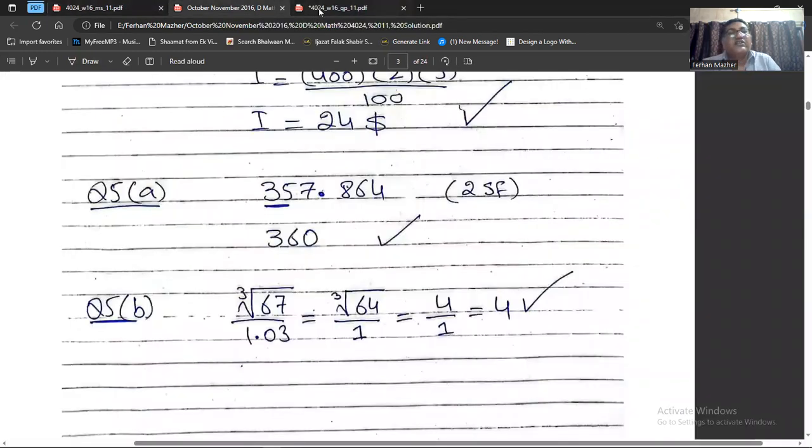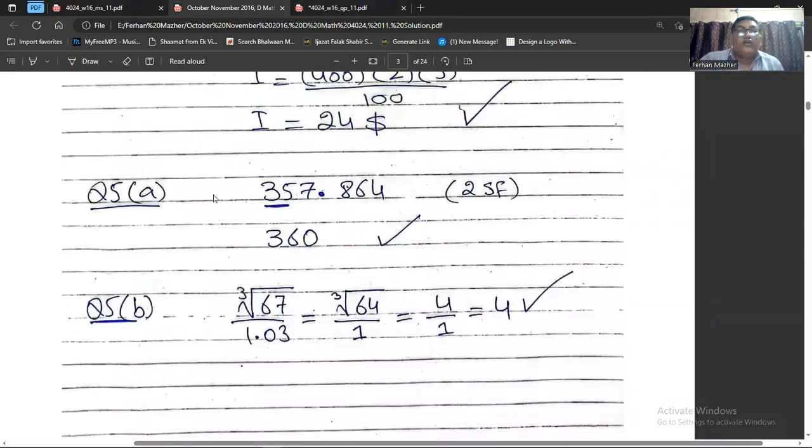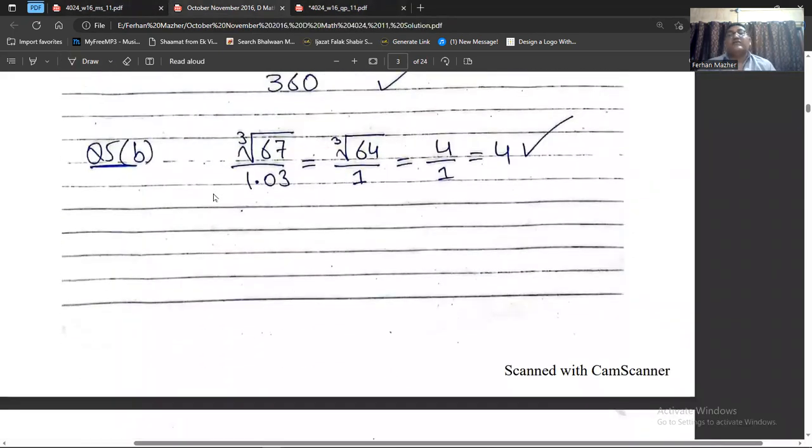This is the solution. Question number 5, B part. He says estimate. So this word is very important. He is asking you to find the estimate. Correct to the nearest whole number, the value of the third root of 67, and the whole thing divided by 1.03. I don't know the third root of 67, but I can tell the third root of 64.